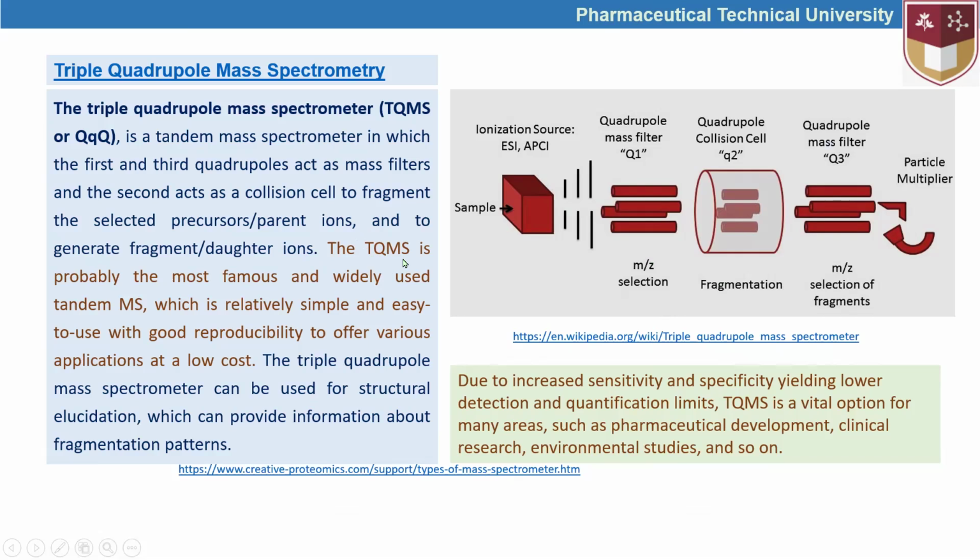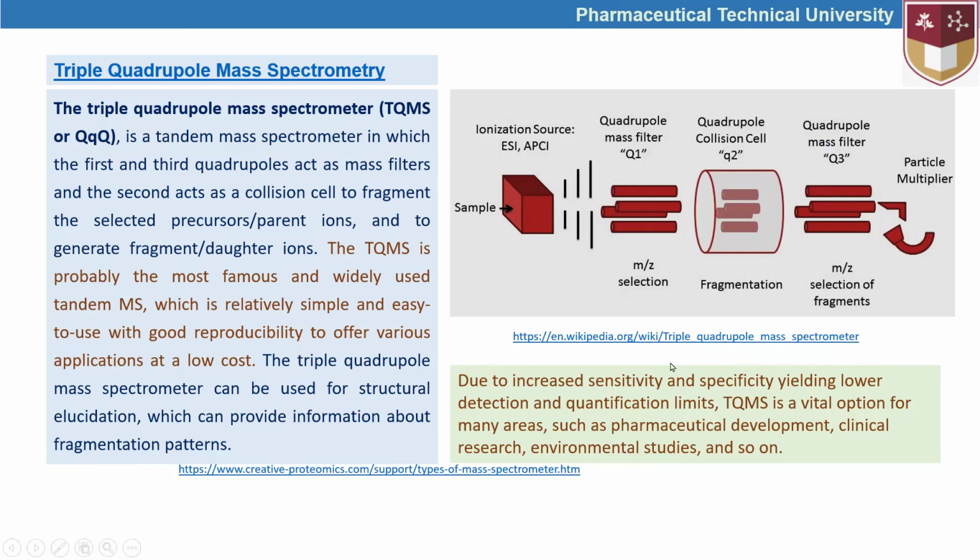The triple quadrupole mass spectrometer is probably the most famous and widely used tandem mass spectrometer, which is relatively simple and easy to use with good reproducibility, offering various applications at a low cost. It can be used for structural elucidation, which can provide information about fragmentation patterns as indicated here. And due to increased sensitivity and specificity yielding lower detection and quantification limits, it is a vital option for many areas such as pharmaceutical development, clinical research, environmental studies, and other disciplines of science.